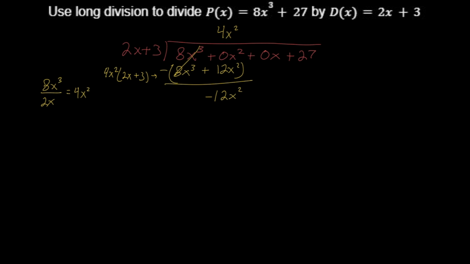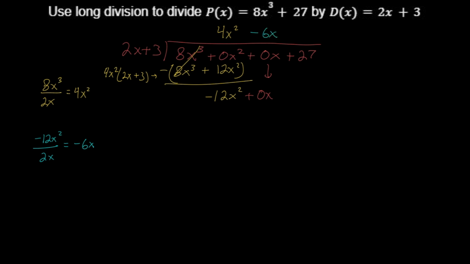Okay, repeat the process after we drop down our next term. So plus 0x comes down. And we'll repeat the same process, taking our leading terms. In this case, it's negative 12x squared divided by 2x, which will give us negative 6x, which we'll add to the top.